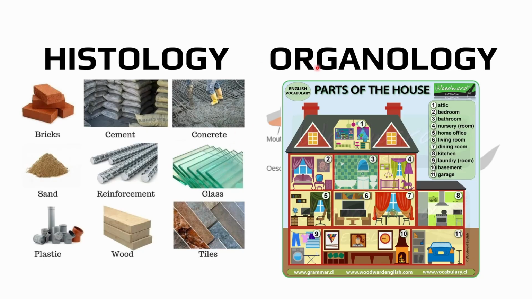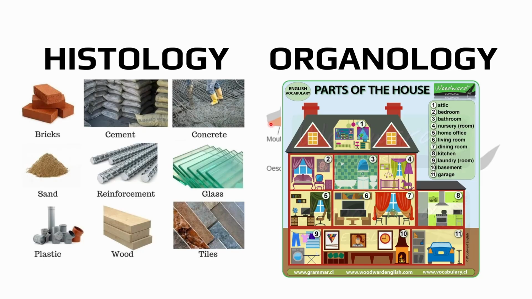Then in organology, or in studying the actual microscopic parts of the organ, these organs are like your rooms. So for example, here in the bedroom, you can see that in the window area, or in the organ layer A, there's actually glass material or tissue A. That's the difference between histology and organology.